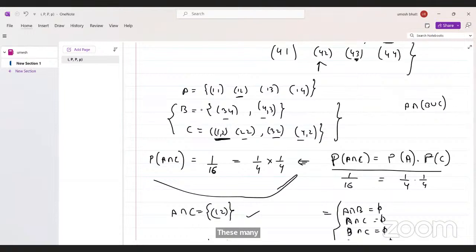And what is the intersection of B union C with A? Only one element is common, 1, 2. So what is the probability of A intersection B union C?